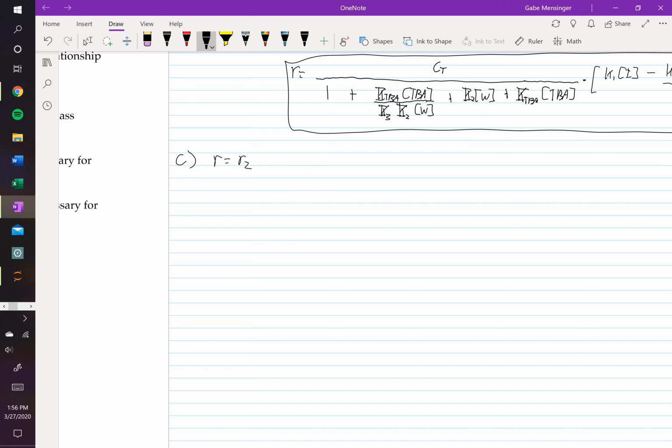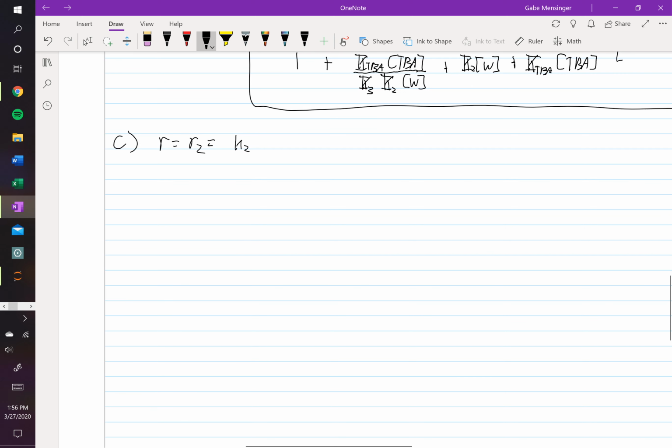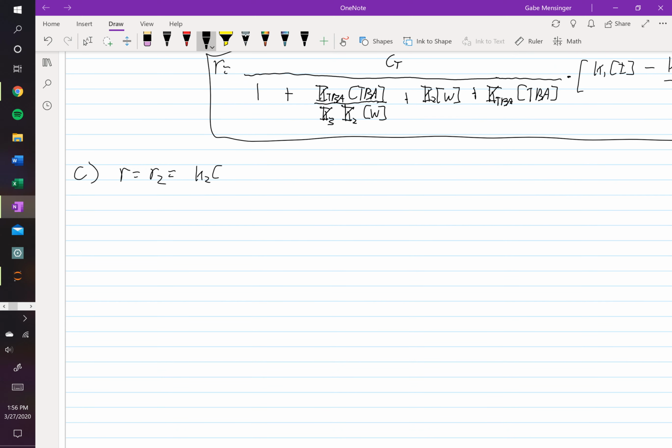Which is equal to K2 times I dot S times W minus K minus 2 times TBA times S. All right, so same as before, we can assume QE on all other steps.